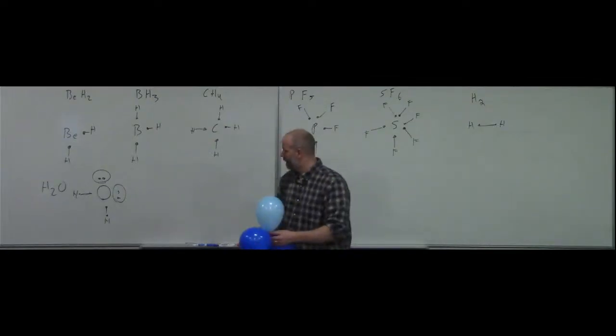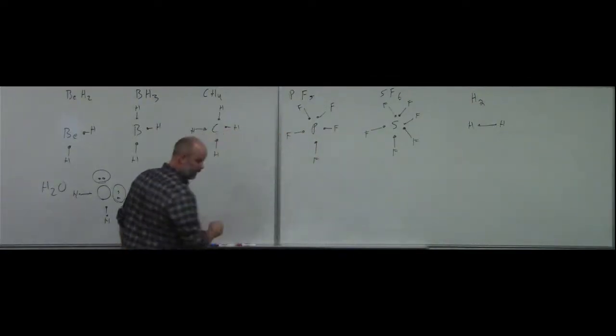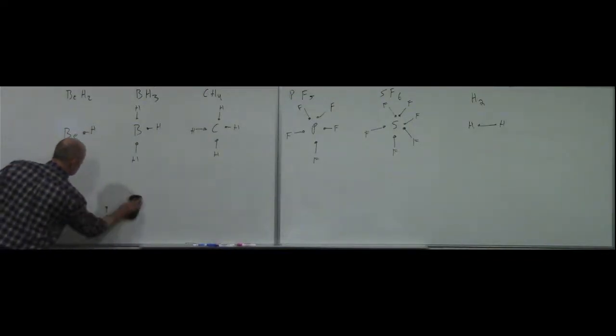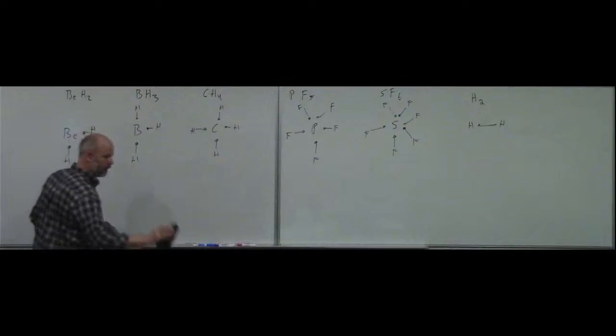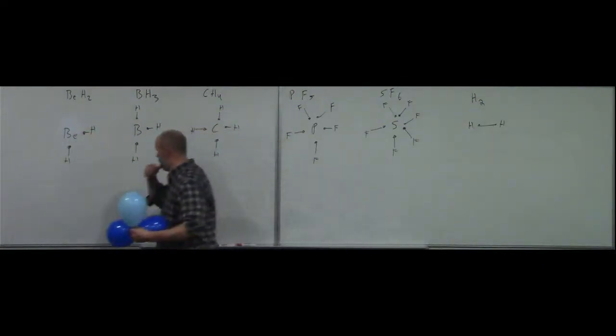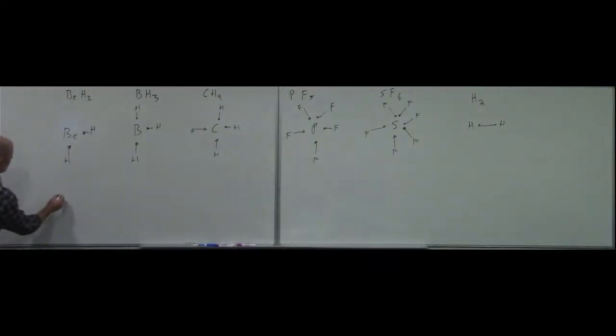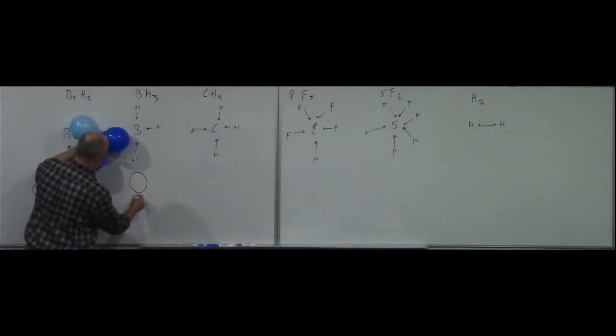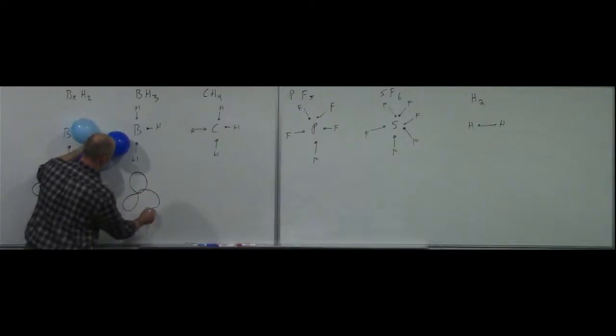Okay. Maybe we should start drawing these. It's probably a good time to draw what these look like. Marker. All right. This one looked like this, right? We just call that linear. This one looked like this, right?